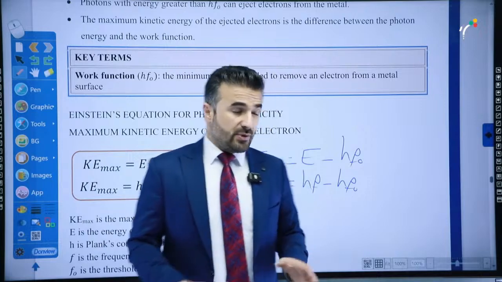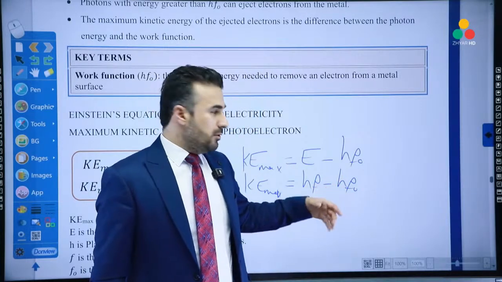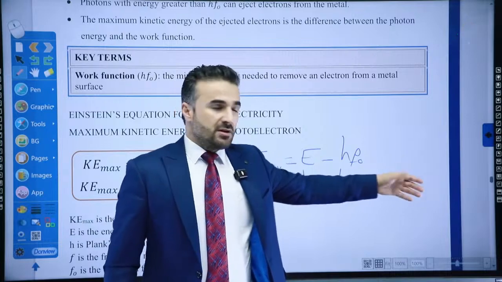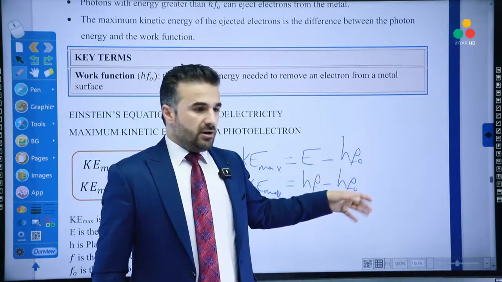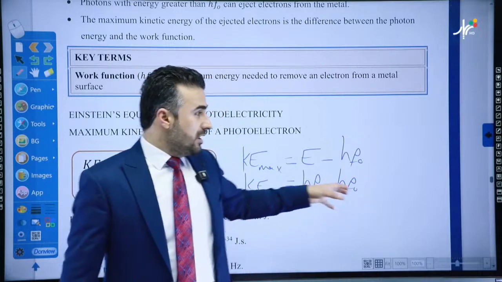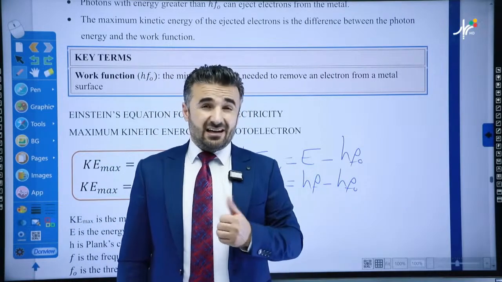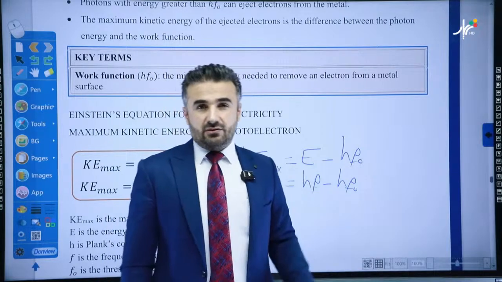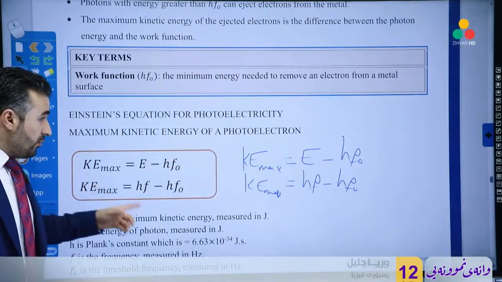But before we proceed, remember we said whenever energy is given in electron volts, always convert it to joules. And once they ask you to give the energy in electron volts, once you have energy in joules, you divide by 1.6 times 10 to the power negative 19 to convert it back to electron volts. So this is basically what we have.